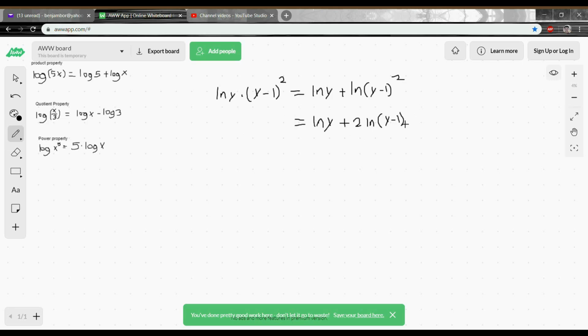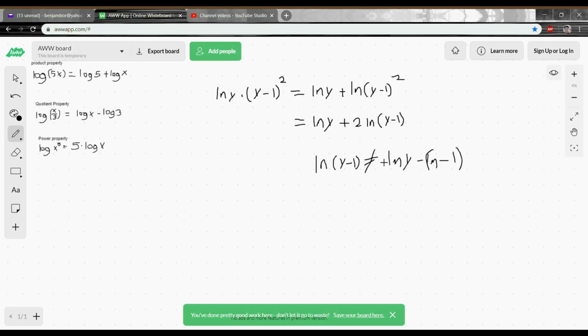Now you may be tempted to see this polynomial, y minus 1, as a thing that can be distributed. However, the factor of a logarithm cannot be distributed. So ln of y minus 1 does not equal the ln of y minus the ln of 1.